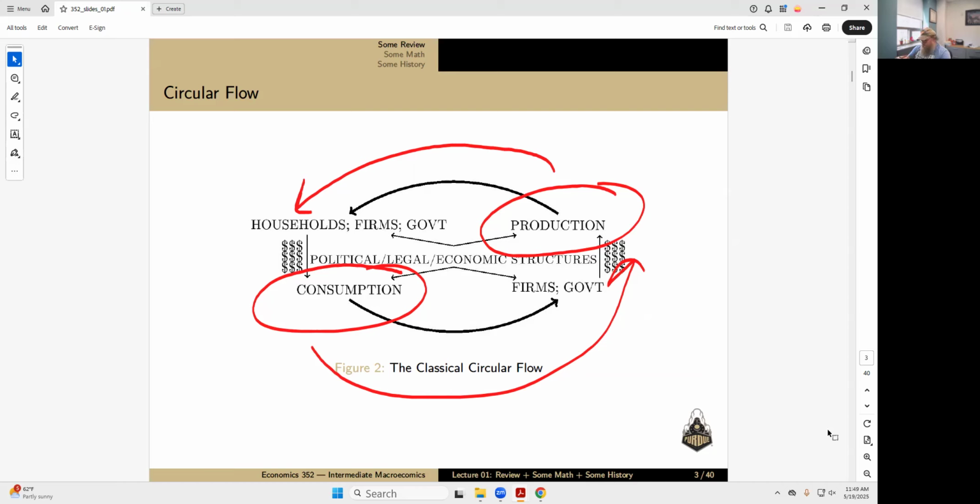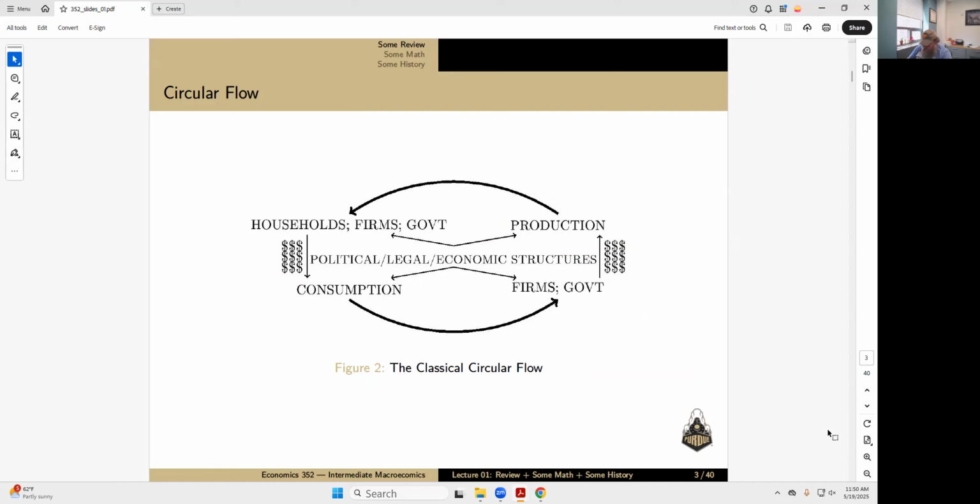Now, the question is: is this it? Is this the entire story? Is this enough for us to understand that there seems to be a positive feedback between the production of an economy and the consumption of an economy? Obviously not. That's not all that we ultimately care about, and the circular flow certainly doesn't do an adequate job of explaining all the complexities of the economy, but it's a good starting off point.